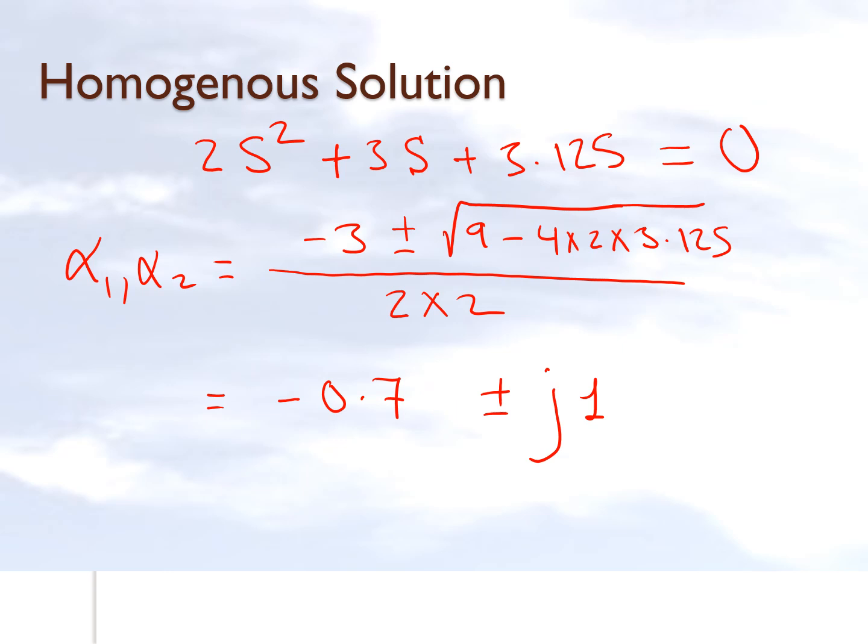So now you can see that our two roots are a complex conjugate pair. The real part is minus 0.75, the imaginary part is 1.